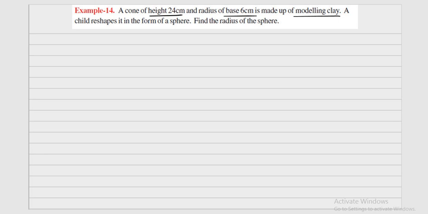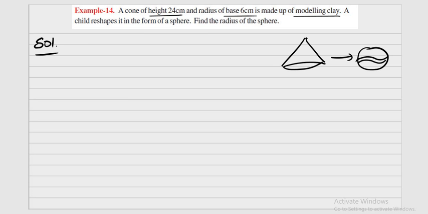The child reshapes it into the form of a sphere, right? So this cone he has converted into the shape of a sphere. Here direct conversion is done from one shape to the other shape. So directly what we can say from this, volume of cone is equal to volume of sphere.